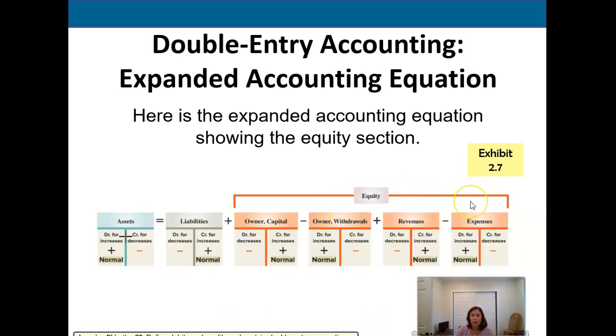Similarly, we get over here to our revenue and expenses, and we see a similar relationship. When we earn revenue and our revenue goes up, that's a credit. Looking over here at our expenses, when our expenses go up, that's a debit.